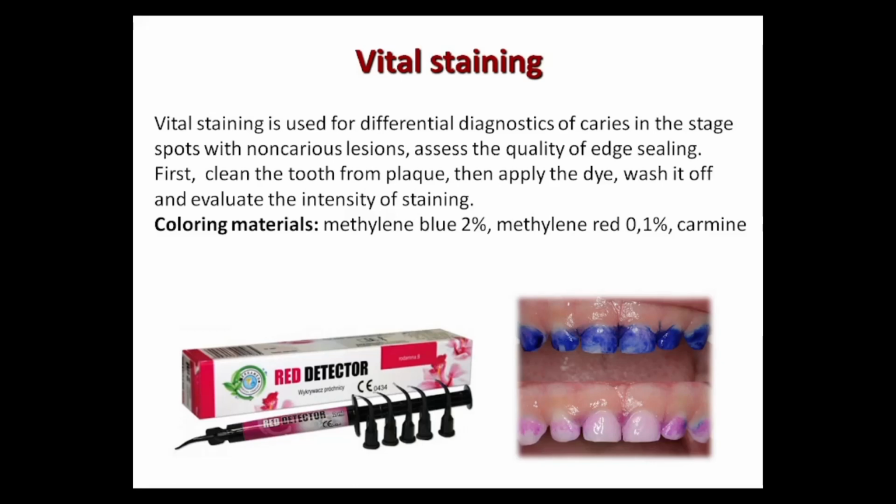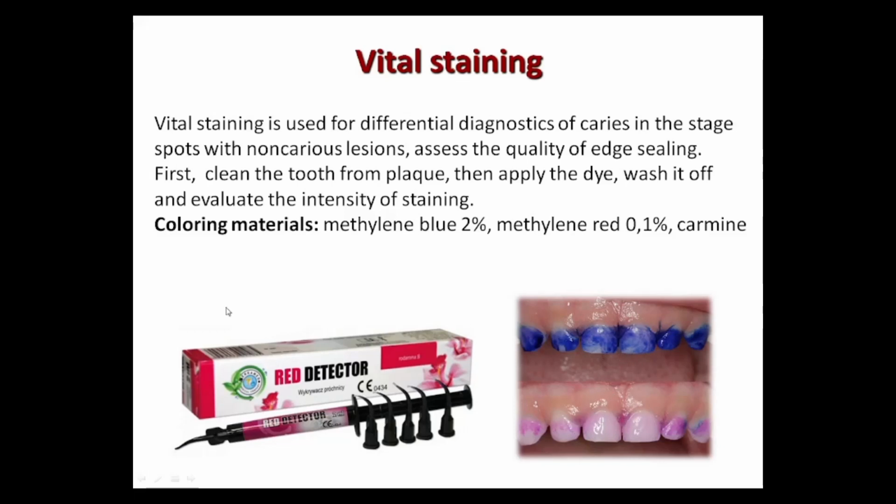First we should clean the tooth from plaque and then apply the dye, some color. Then wash it off and evaluate the intensity of staining. First, clean tooth, then dry a little bit, then apply the dye, then wash it off and estimate.